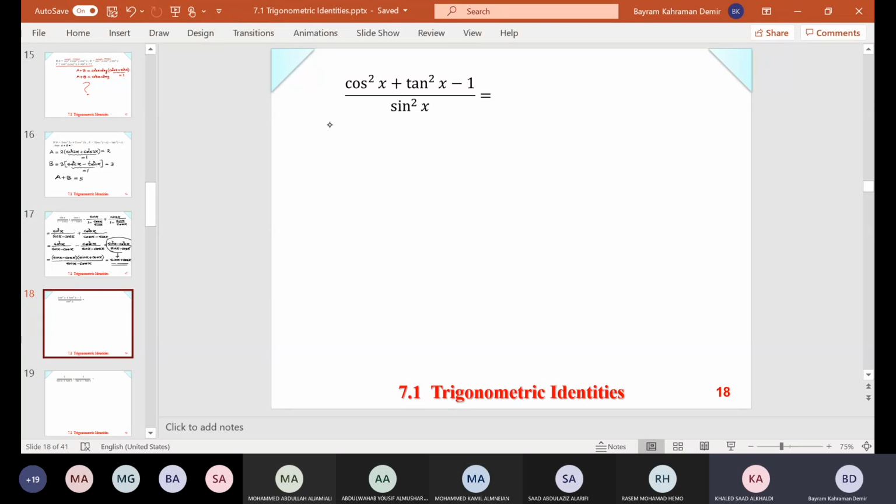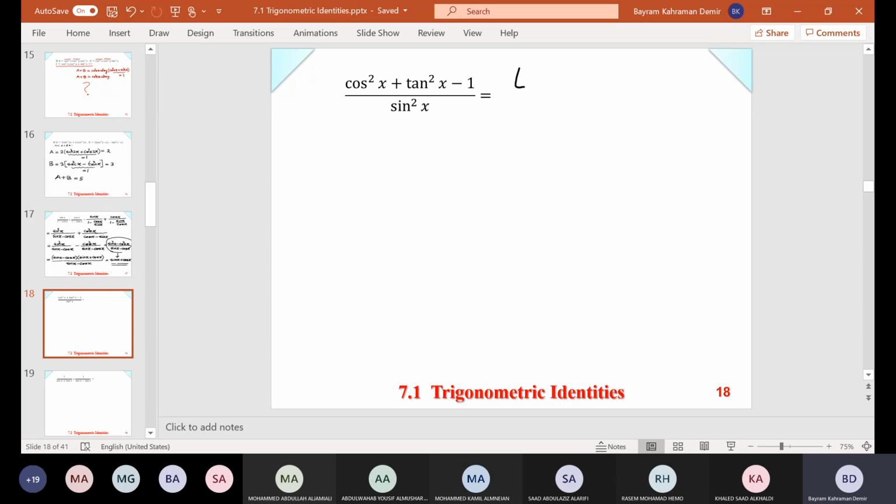Well, we can look at cosine squared minus 1 as negative sine squared. 1 minus cosine squared is sine squared, yes, but cosine squared minus 1 will be minus sine squared. And then we can write the tangent as sine and cosine.